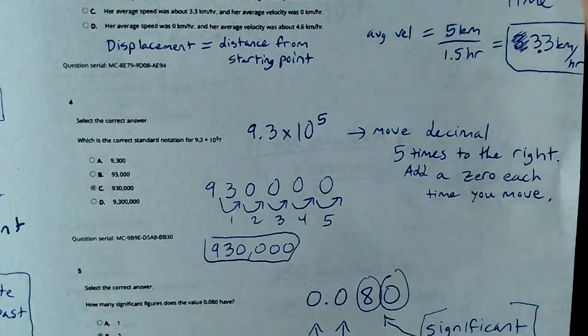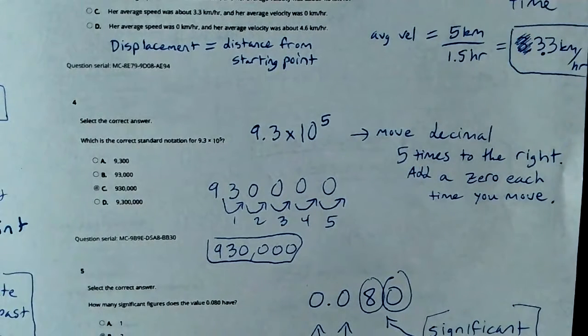So if you were given this number and asked to write it in that form, you would go 9.3, and then count how many times you'd have to move to get back to 9.3.